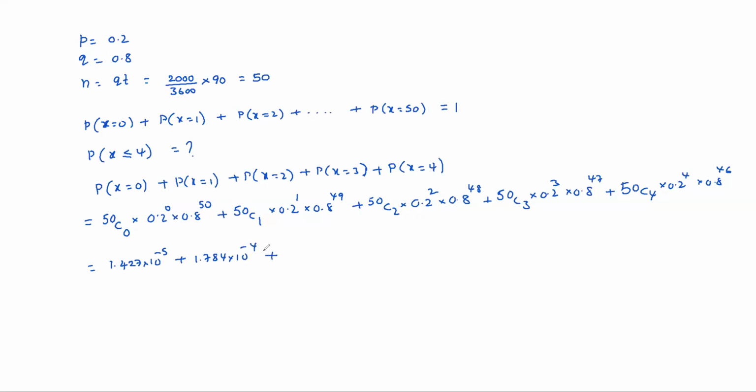Then 50C2 times 0.2 square times 0.8 to the power of 48 is 1.093 times 10 power minus 3, plus 50C3 times 0.2 cube times 0.8 to the power of 47, which is 4.371 times 10 power minus 3, plus 50C4 times 0.2 to the power of 4 times 0.8 to the power of 46.